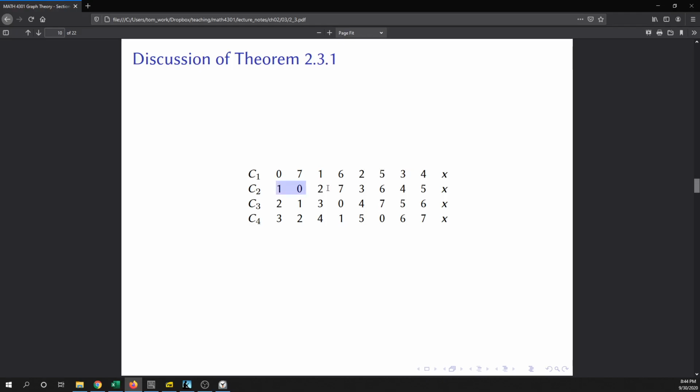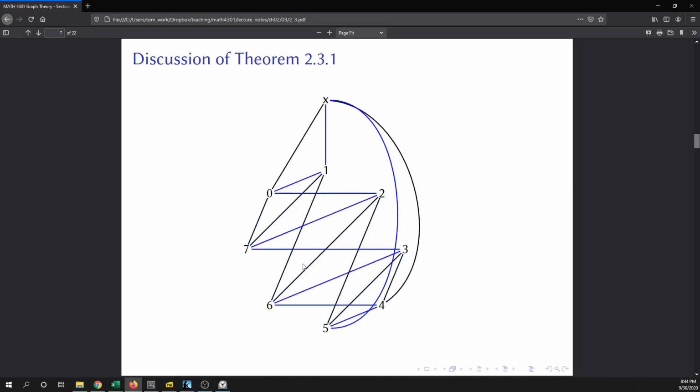So that gives you the vertices here. And of course this x, the outside one, stays the same. Then to get the third cycle, you can just verify that if you look back at the blue ones: 1, 0, 2, 7, 3, 6, 4, 5, and connect to the outside.